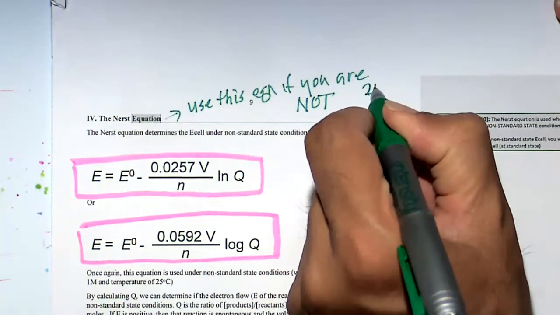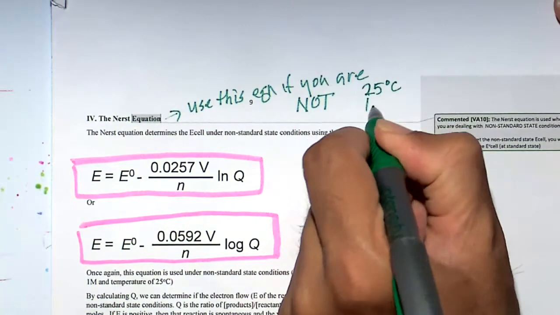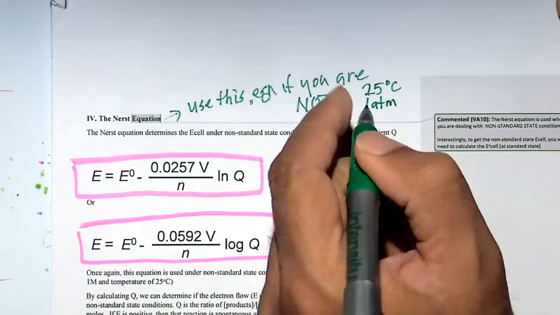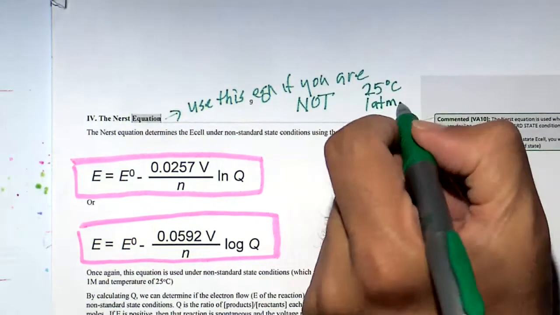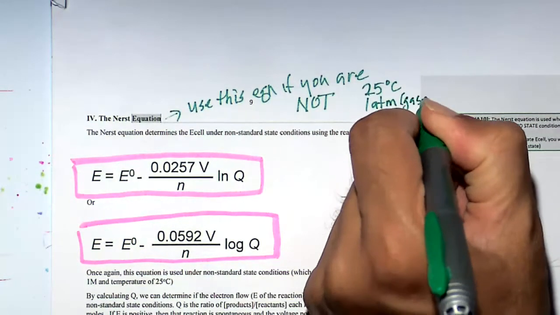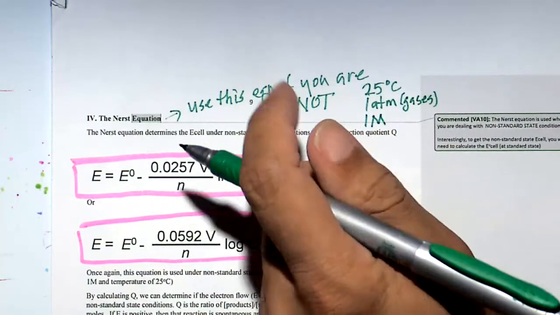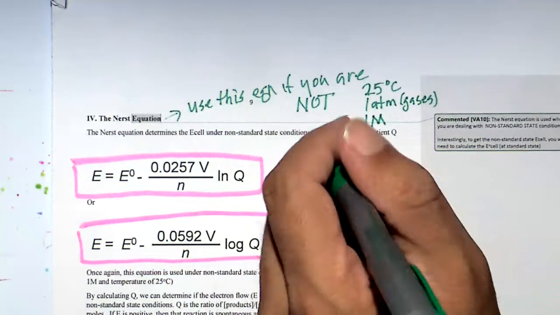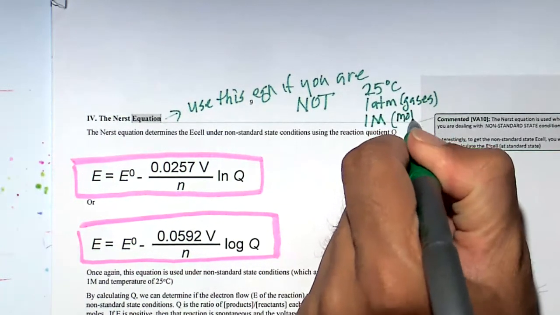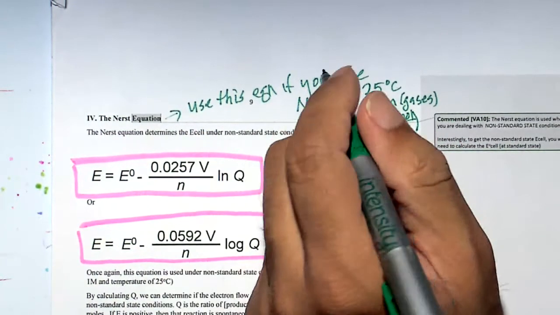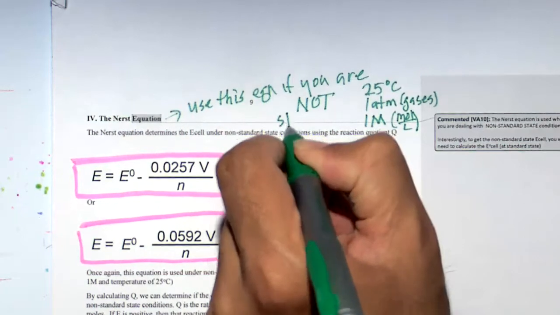It's 25 degrees C temperature. If you're talking about gases, 1 atmosphere of pressure. And for a solution, 1 molar, moles per liter. Remember, big M means mole over liter. If you're not at these conditions, that's not standard state.